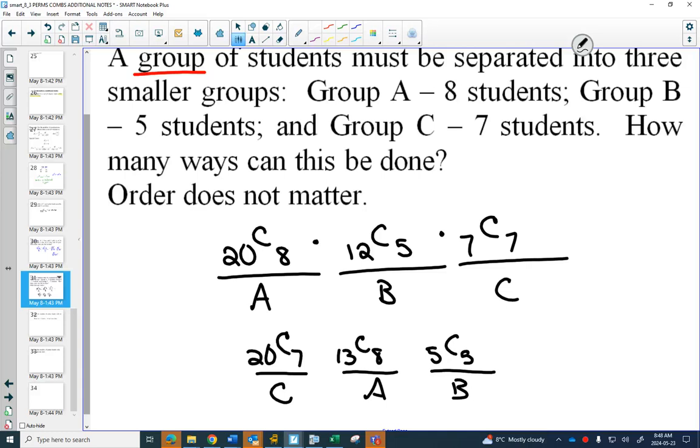The numbers look different, but if we wrote these out with the formulas and canceled things out, they would all cancel out perfectly to look like this. But we won't show that because we have not enough time.